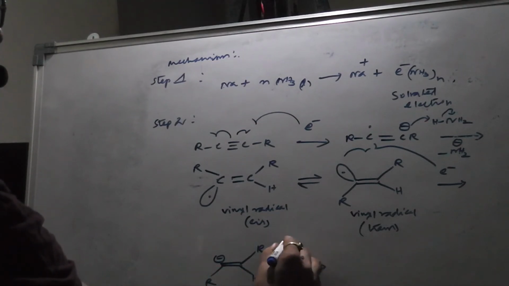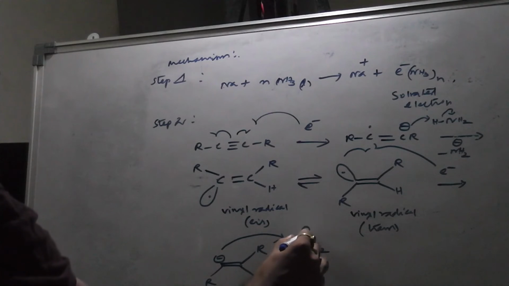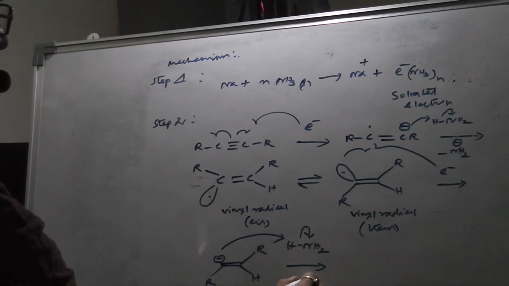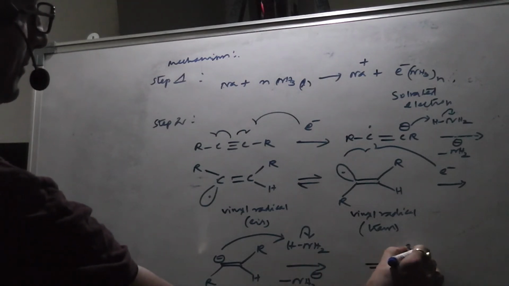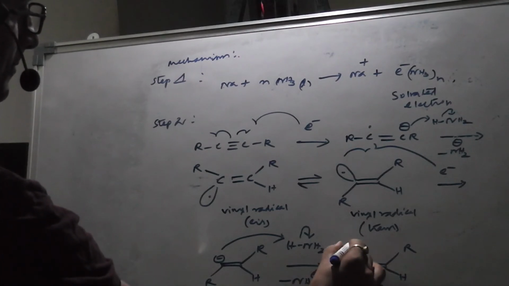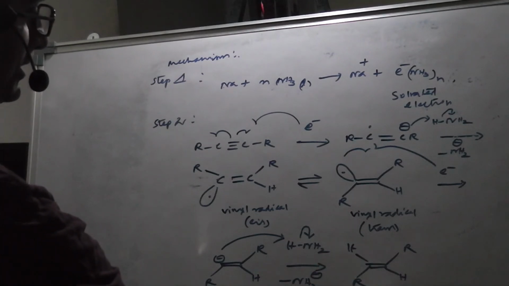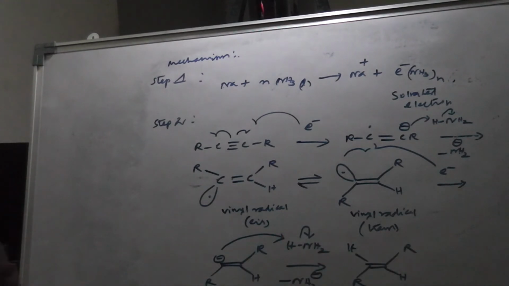Now once again an ammonia molecule, from which a proton is abstracted, and elimination of the amide ion takes place to provide a trans-alkene. So this is one of the interesting examples of reduction of alkynes.